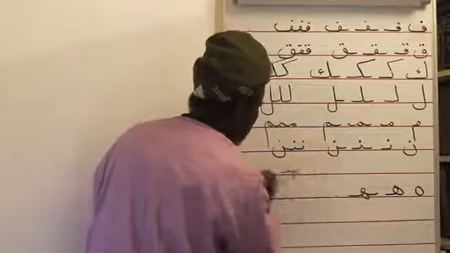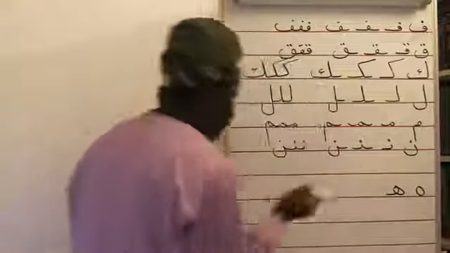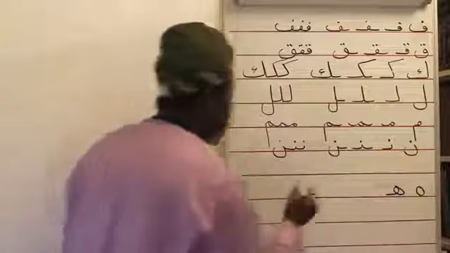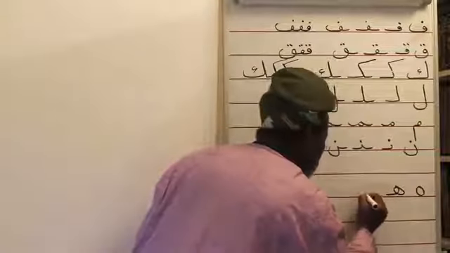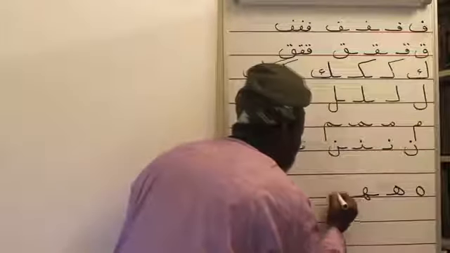Okay, do that again, normal speed. That's the middle shape of the ha. Now watch the way I do it again, please. Extension. That's the ha, the middle. Ha, the end, extension, right.